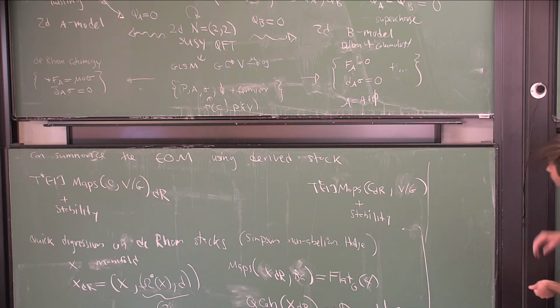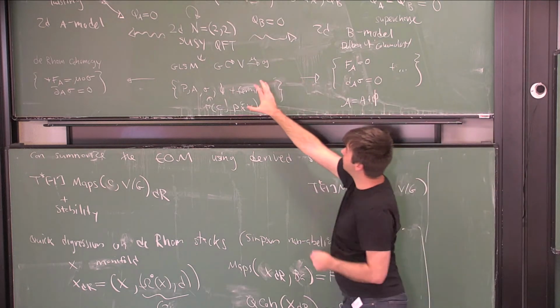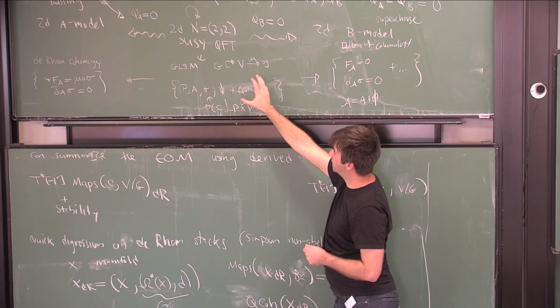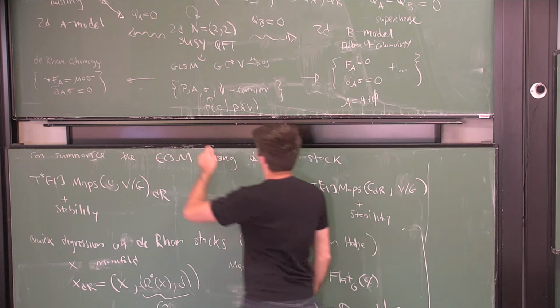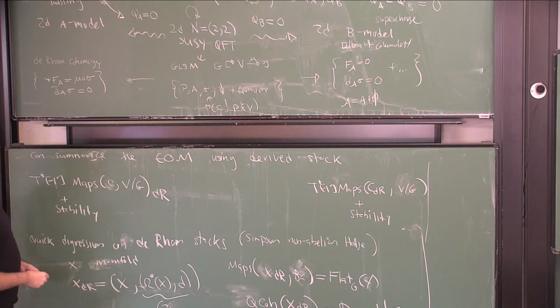Okay, so now we've got these two A models and B models that we built out of this 2D N equals (2,2) SUSY Q of T. And the thing that's nice about these is that these are actually both what are called topological field theories.